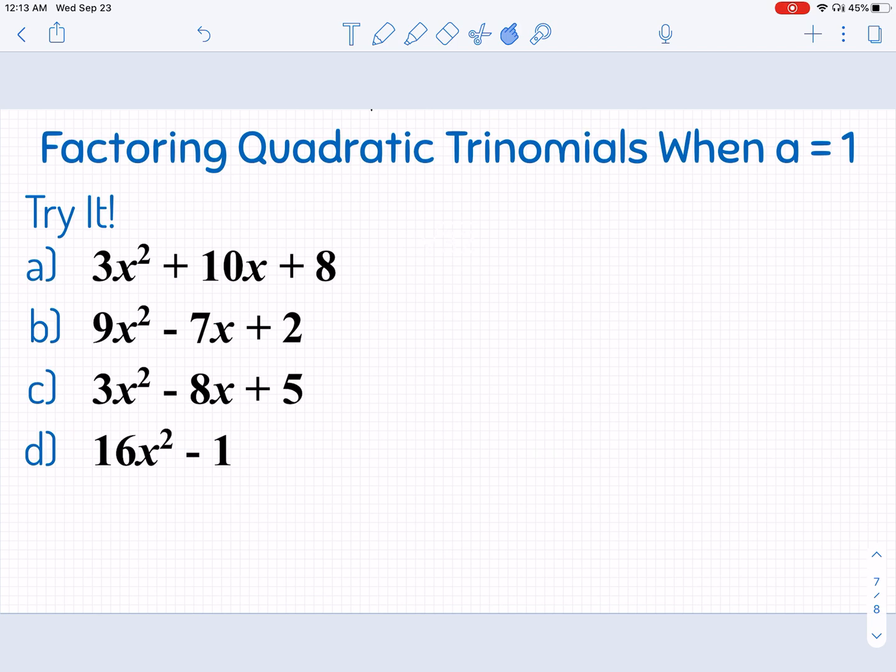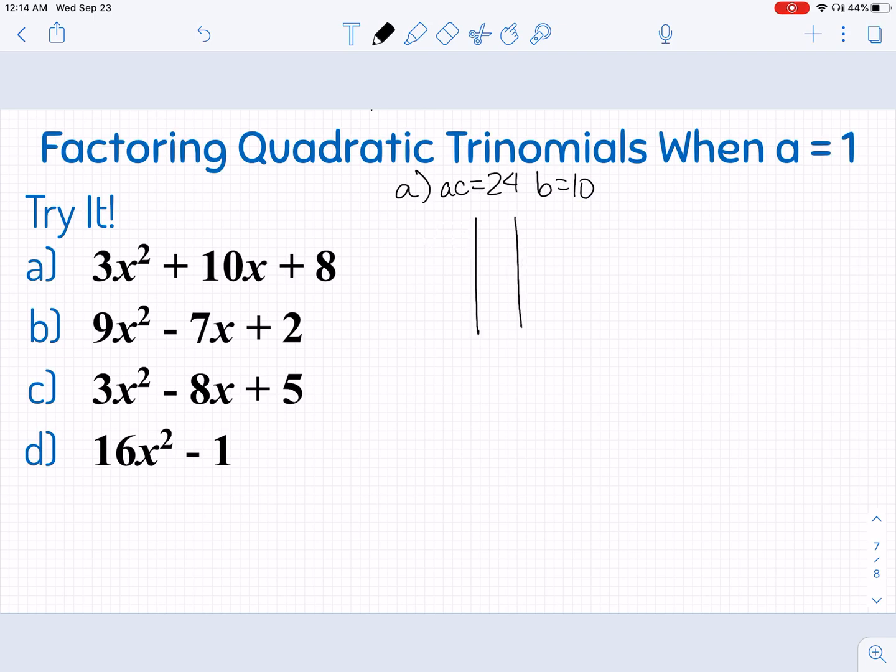So take a couple minutes and see if you can find answers to all 4 of these factoring problems. Okay, so for A, I'm looking for factors of 24 with a sum of 10.